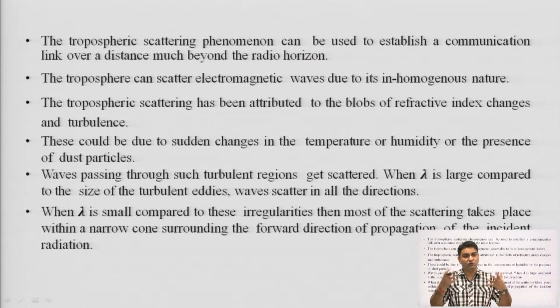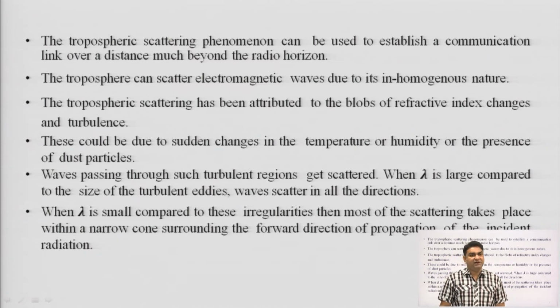When we want to utilize higher frequencies for communication, and we are restricted to a very limited distance between the transmitter and receiver, known as line of sight distance, then we have to adopt a more useful mode of propagation, and tropospheric scattering comes into this category when the frequencies are very high and the distance between the transmitter and receiver is not restricted by the line of sight distance.